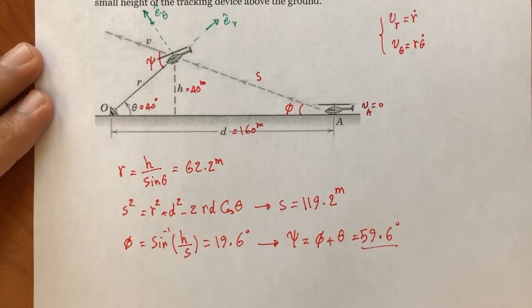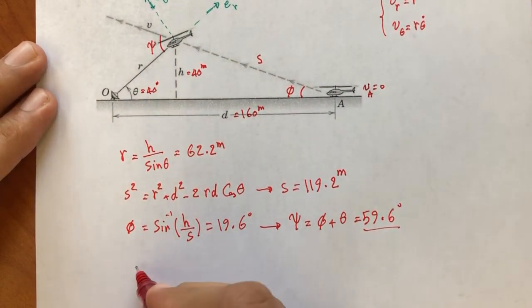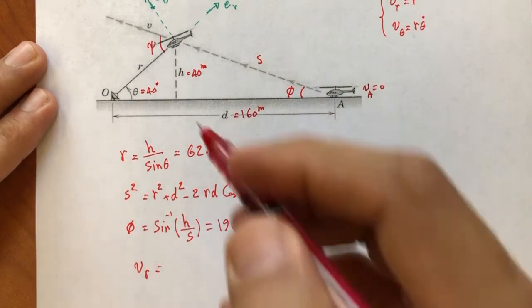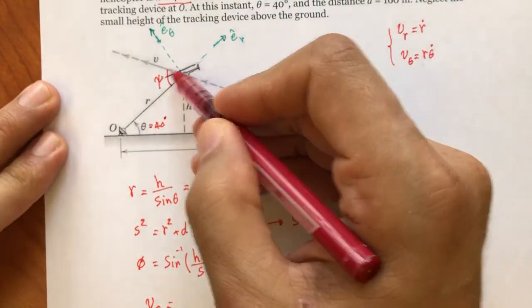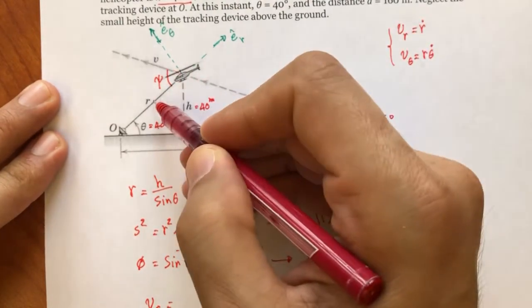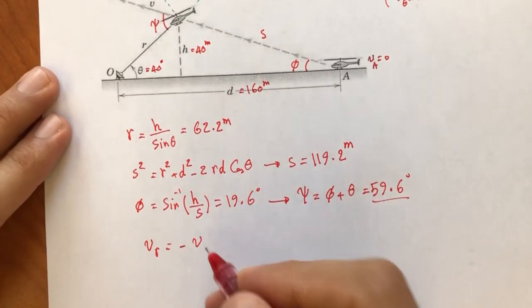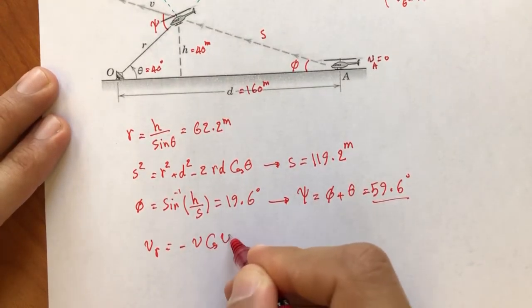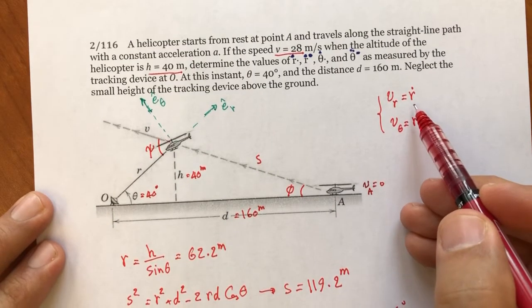That's it. So after finding this, now I can calculate V_r and V_theta. V_r, the projection of the velocity in the radial direction, is going to be the given velocity times cosine of psi in the negative direction. So V_r is negative the given velocity times cosine of psi, which we know based on this equation is going to be equal to r dot.